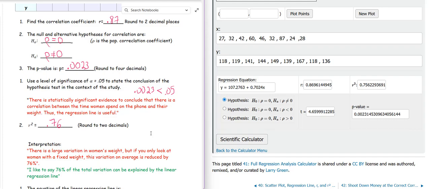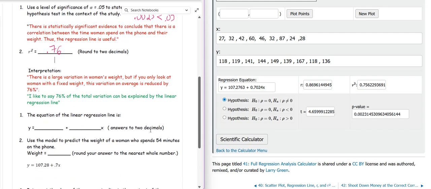You've got a drop-down menu, and what it means is there's a large variation in women's weights, but if you look only at a woman with a fixed weight, this variation on average is reduced by 76%, because that's the percentage form of 0.76. I like to say it differently: 76% of the total variation can be explained by the linear regression line, and the rest of it can't.